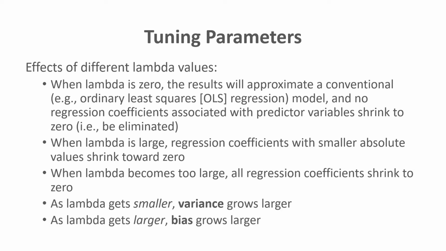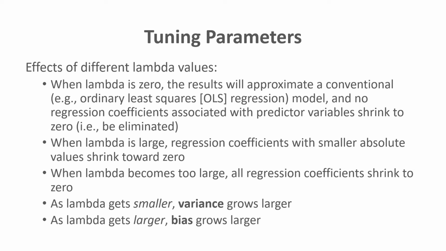Now, another thing to consider too, is I was talking before about these ideas of model variance and bias. As lambda gets smaller in terms of its size, the variance will tend to grow larger. And so this makes sense because remember, as lambda gets smaller, meaning it's moving closer to zero, it's going to start approximating a more traditional form of regression, such as for linear regression, an ordinary least squares model.